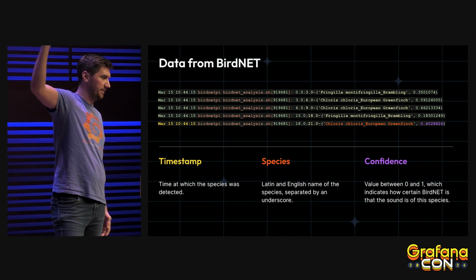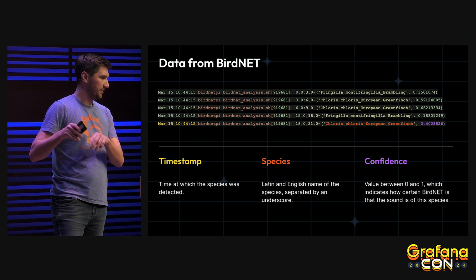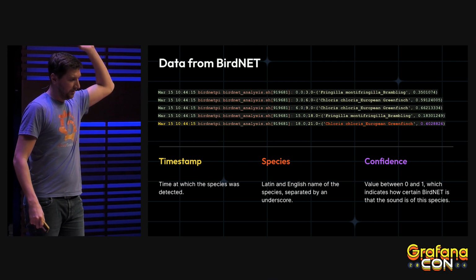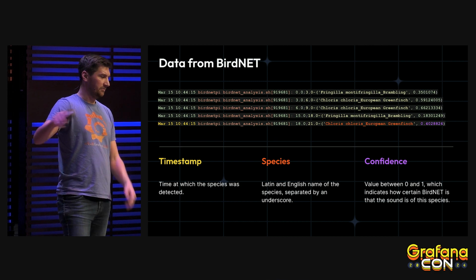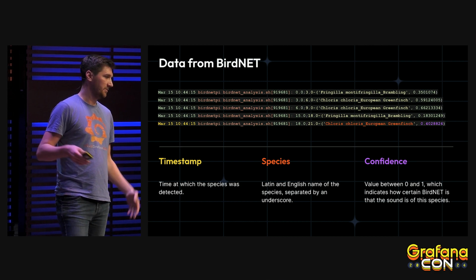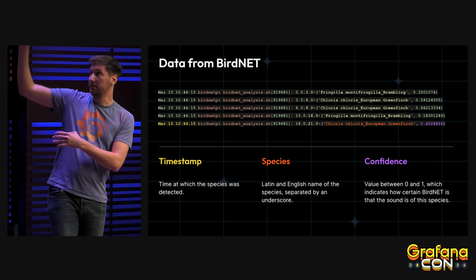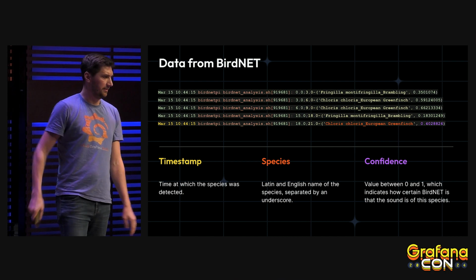In orange, we see the name of the species, both in the scientific Latin language, but also in English. And then on the end, we have a number. That number is the confidence value, which is a number between 0 and 1, so a percentage of how confident BirdNET is that the recorded audio is actually the detected species.